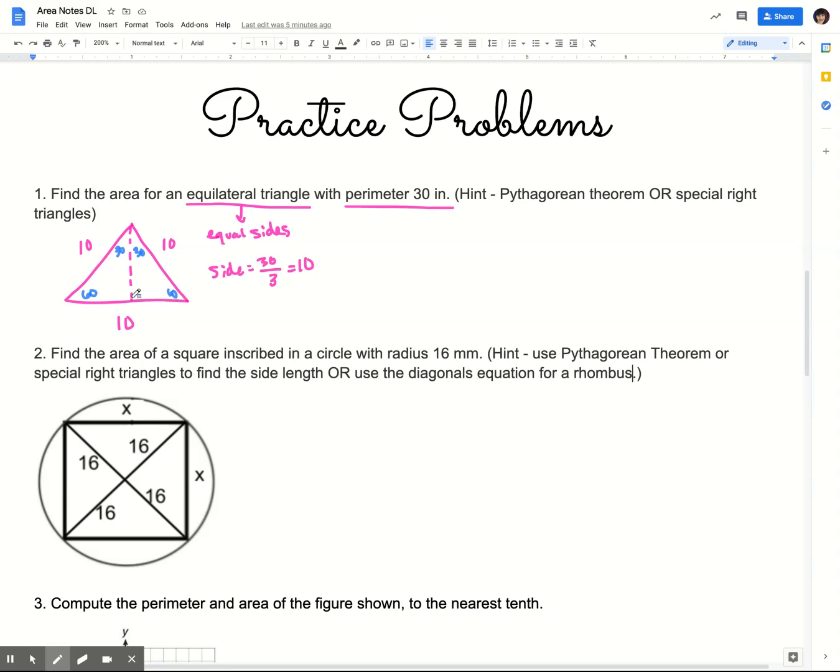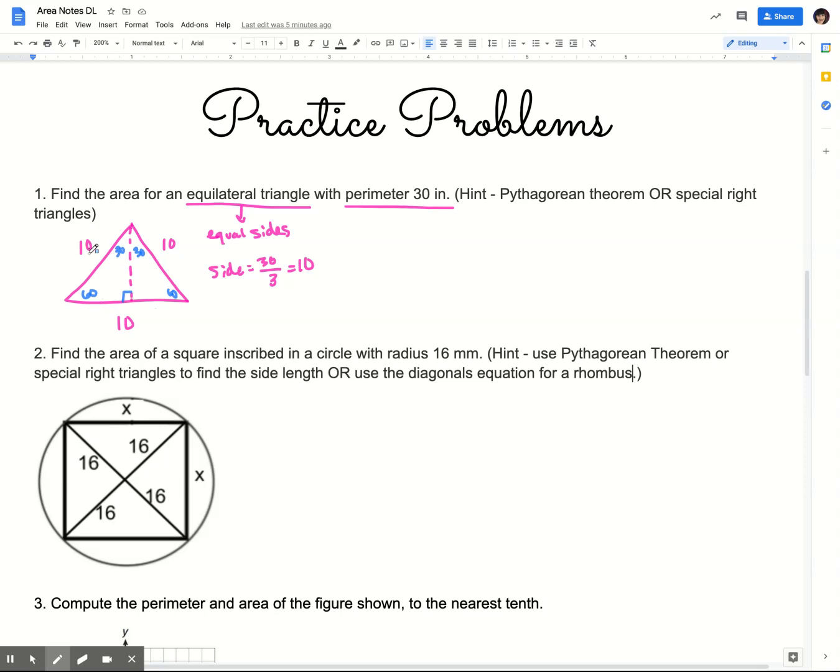I'm going to use the Pythagorean theorem because I think that's the one you are most used to, and it's usually what you tend to choose as a problem-solving strategy. So I'm going to do that with one of these right triangles in my drawing.